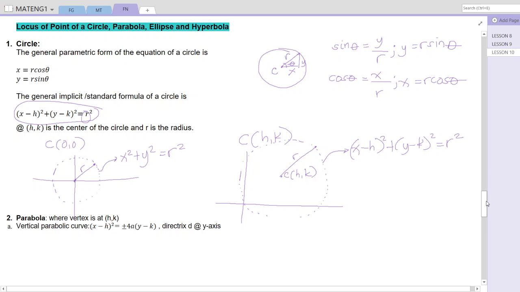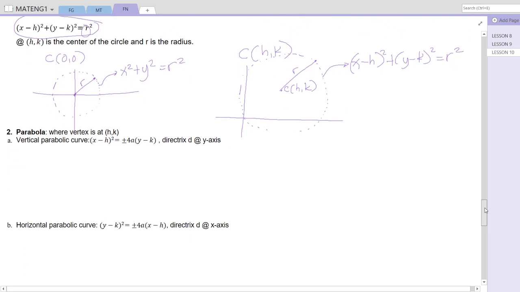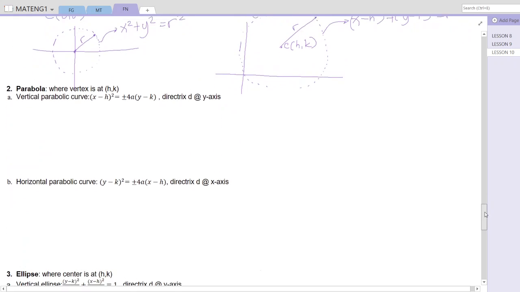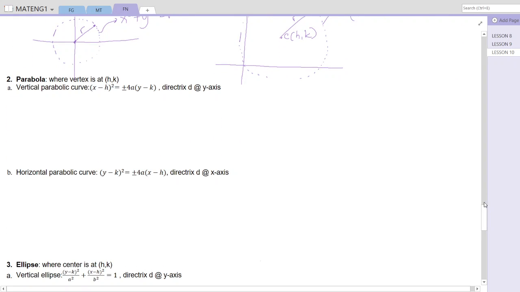Okay, so for the second conic, which is the parabola, where the vertex is at (h, k), the vertical parabolic curve is (x minus h) squared equals plus or minus 4a. The plus or minus 4a here determines the opening of the parabola. That is the latus rectum, the distance of the focus from both ends of the curve.